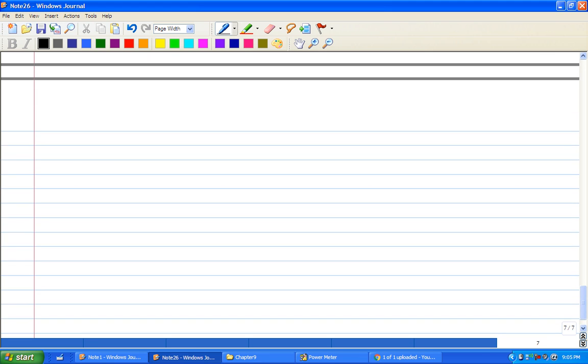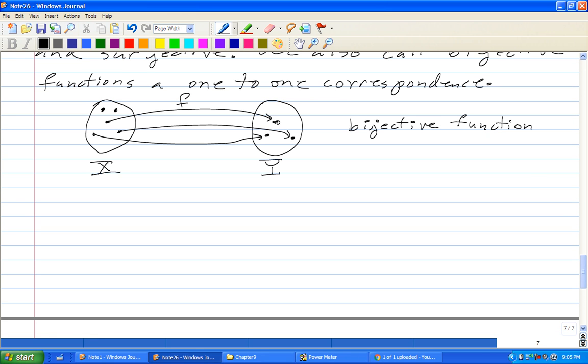If we require that the range is the same as the codomain of my function, so there are no stragglers here, then we have the following. Well, let me give you the idea of a cardinality of a set.